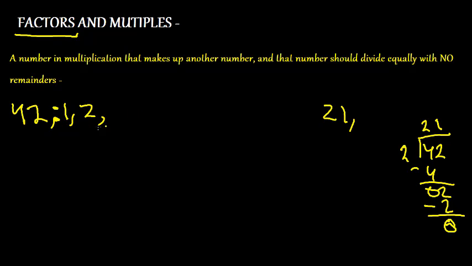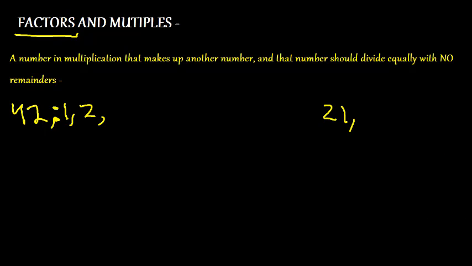Now let's look at 3. Let's try to divide 42 by 3. 42 divided by 3, and goes in 1, subtract to bring the next number down. Now we end up with no remainder, and we end up with a whole number as a quotient.